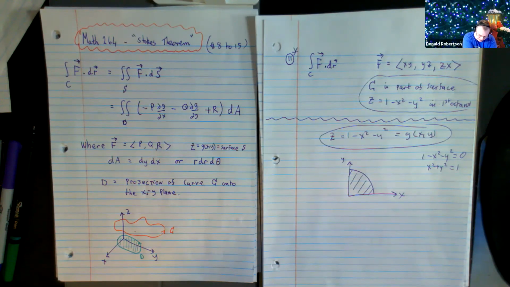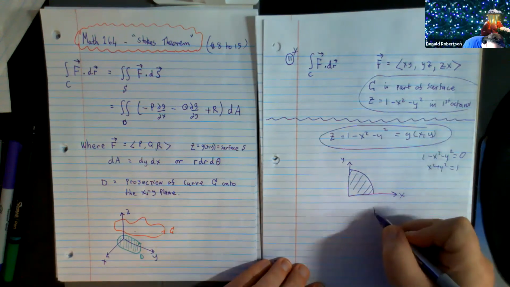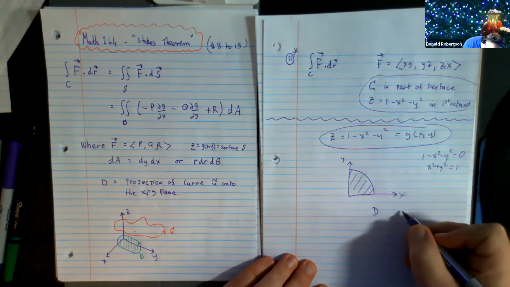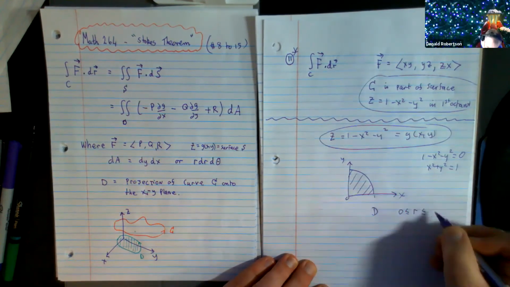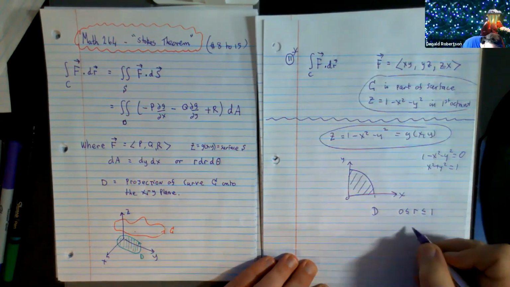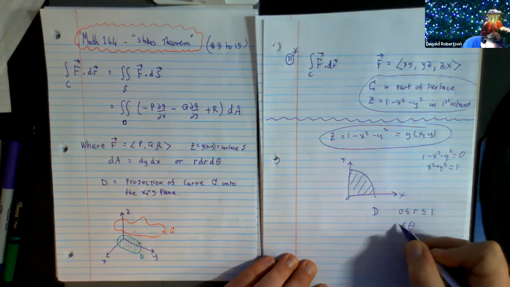Would you say that this would be a good candidate for the r dr d theta version? And so this is going to allow me to get D. I'm going to say that r goes from 0 to 1, which is the radius. And I've got to be a little bit more careful.